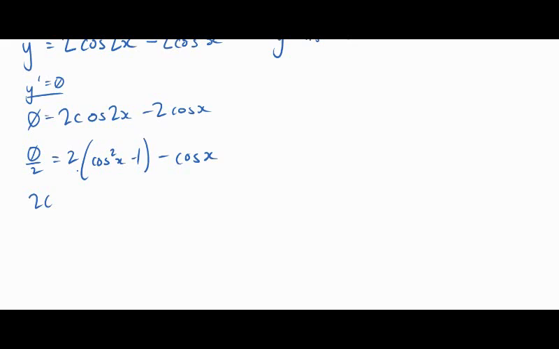That's what I want. Thank you very much. And so I get 2 cos squared x minus 2 minus cos x equals 0. Wait a minute.